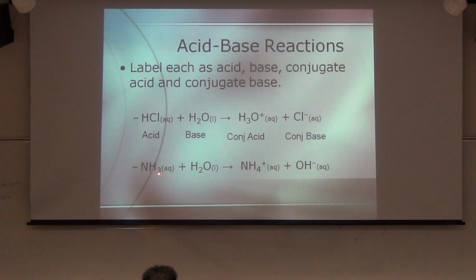Next guy, NH3, H2O. Who donates the hydrogen? The NH3 or the H2O? The H2O. You can see that over here, H2O becomes OH minus, so there's not 2 H's anymore. And we've gone from 3 hydrogen to 4 hydrogen. So the water in this case is our donor. So water can be either an acid or a base.